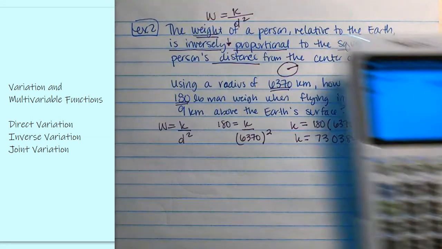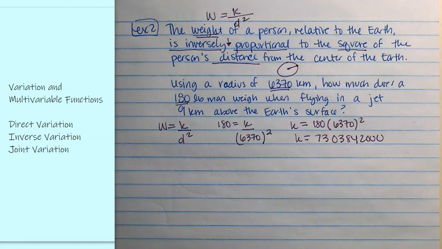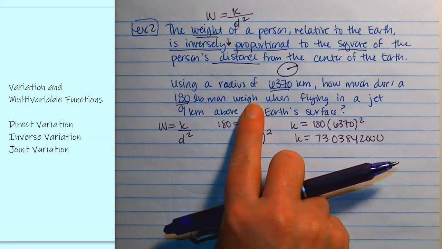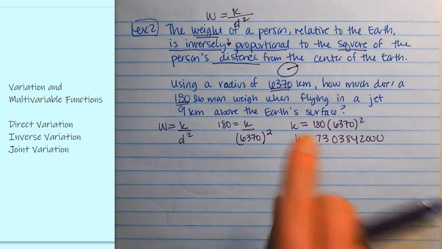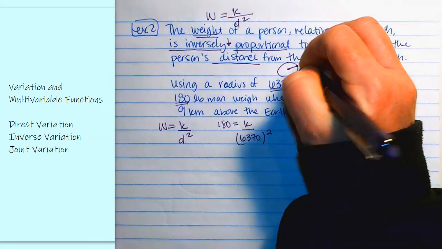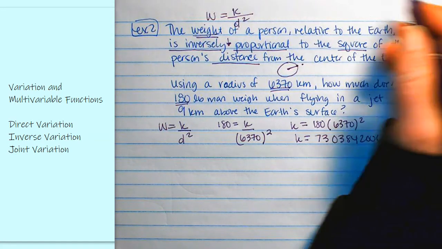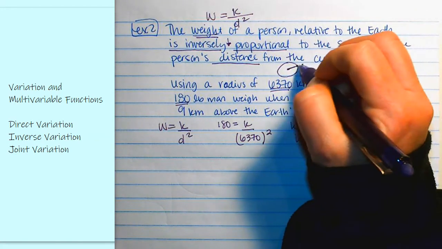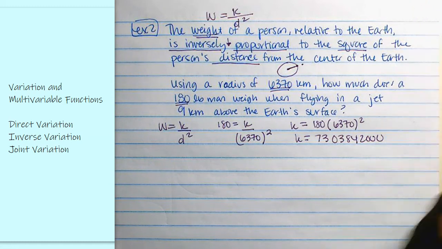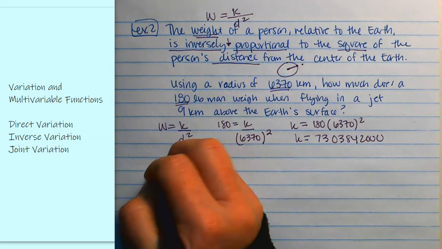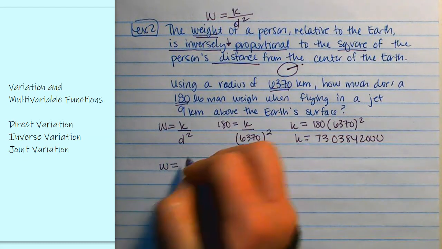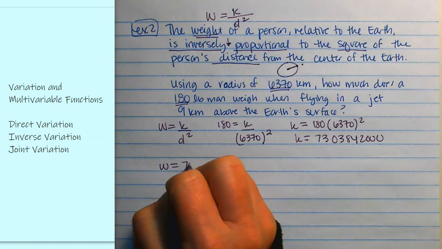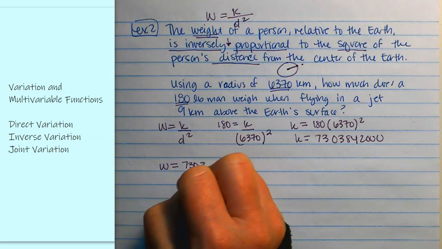So the actual question is, what is the weight when he's higher above the Earth's surface? So if he's in a plane, he's going to be out here. So we have to take the 6370 and add another 9 to it. So now we don't know the W, that's the question mark. We know K, because K is a constant. That'll be the same for anything we tried to weigh in this problem.